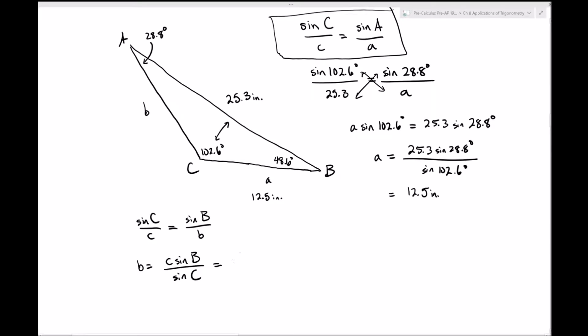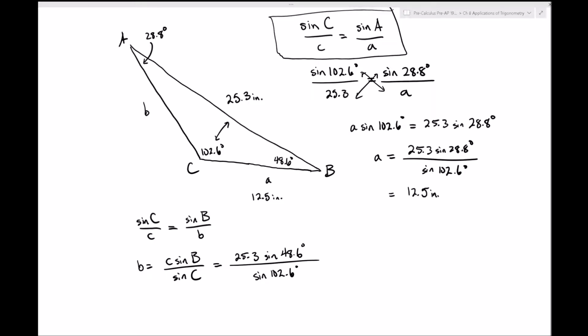So b must equal, little c is 25.3, sine of big B, 48.6 degrees, which we found by subtraction. And then that's divided by sine of big C, that's sine of 102.6 degrees. I forgot degrees on 48.6. And then we'll go ahead and plug that into the calculator as well.